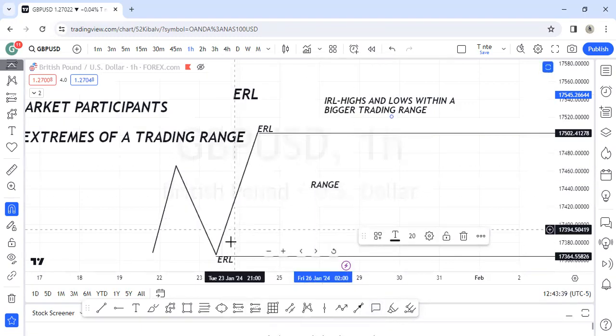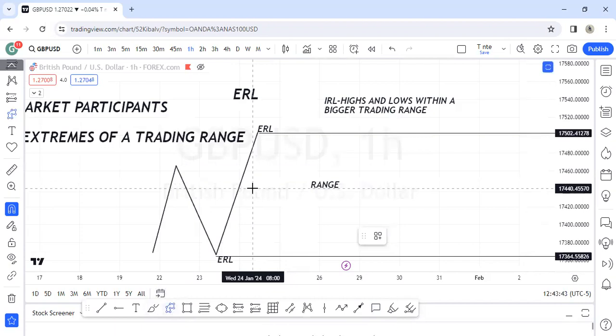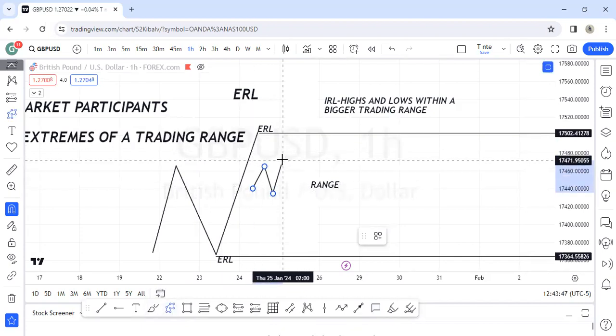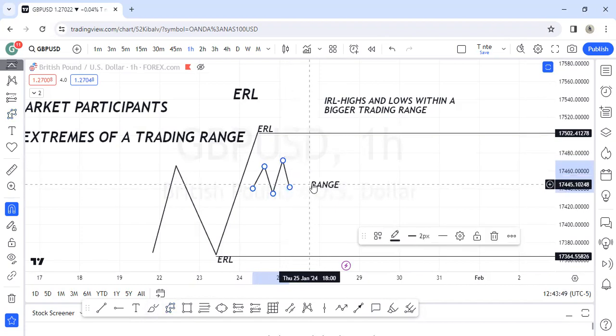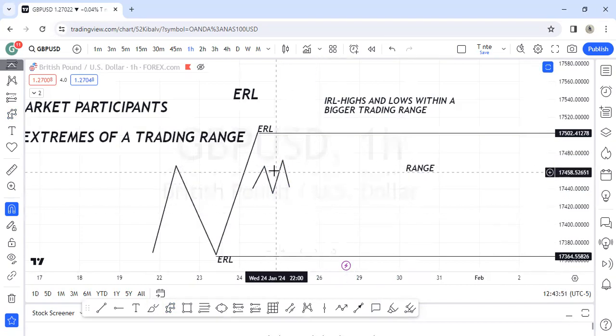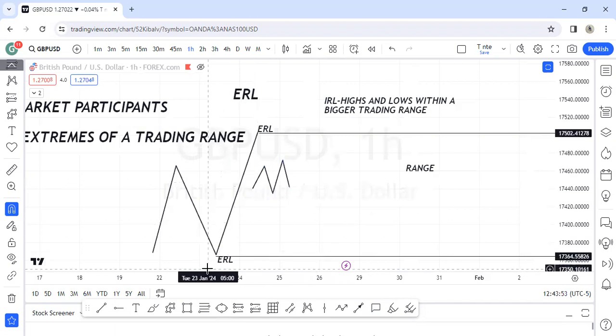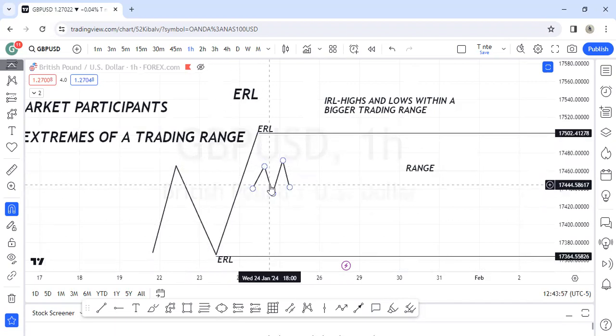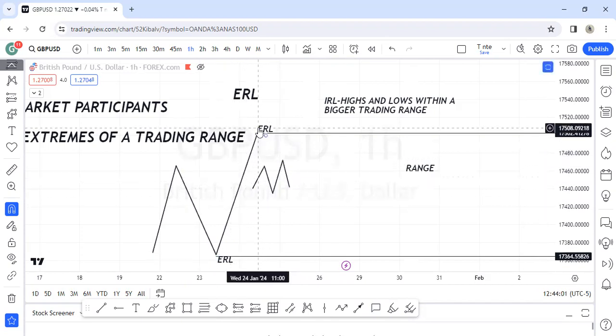Inside this range, the market can form highs and lows, something like this. You see a high, you see a low. This structure inside this bigger range is what we refer to as the internal range liquidity.